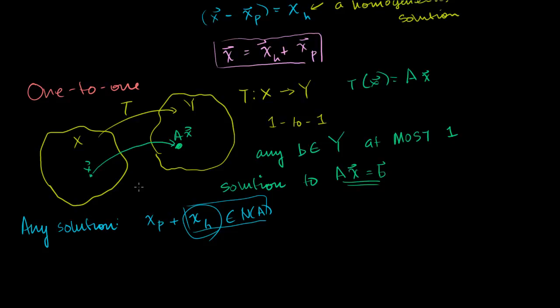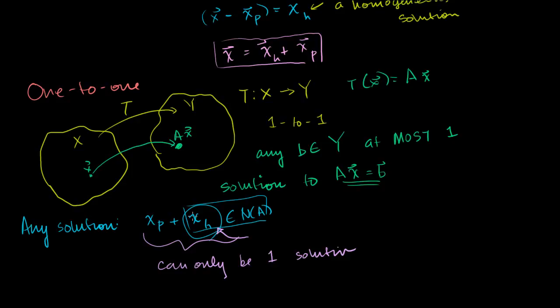Now, in order to be one-to-one, the solution set can only be one solution. We can only have one solution here, right? Which means, what does that mean? That means that this guy right here cannot be more than one vector.